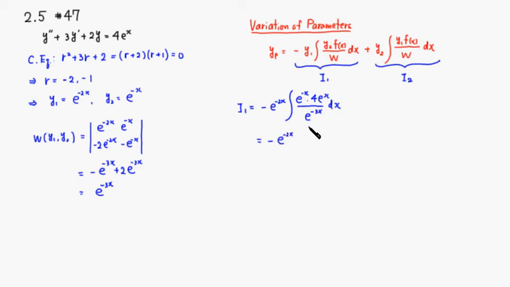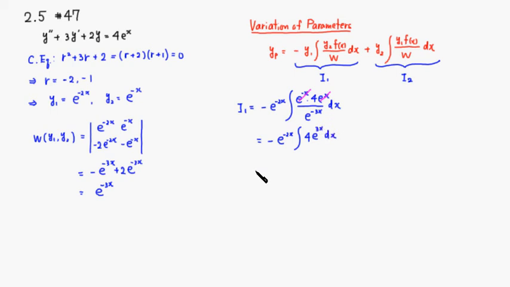We can cancel those. Then dividing by e to the -3x is the same as multiplying by e to the 3x, so this is equivalent to the integral of 4 e to the 3x dx.